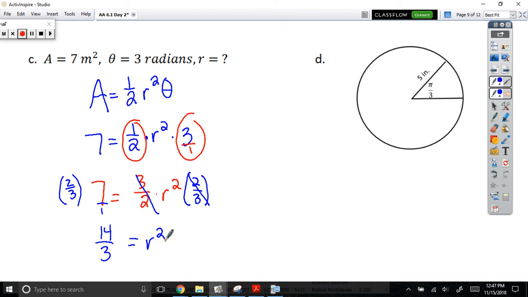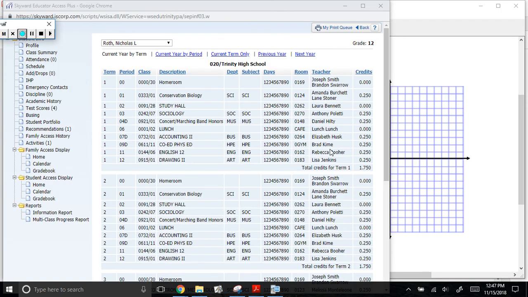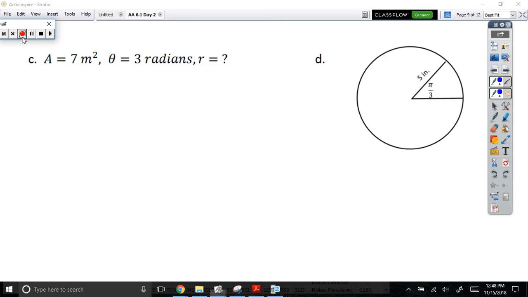Lastly, undo your square with the square root, for which we will need a calculator unless we wanted to do simplest radical form. I'm thinking you don't. So I'll get 4.6 repeating and then square root that. Alright, so we should get the square root of 14 thirds. And then just choose whatever you want to round to.